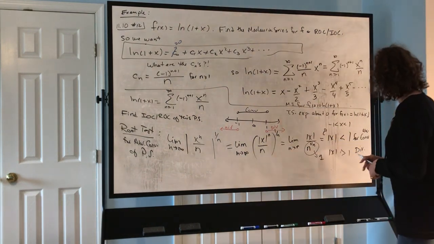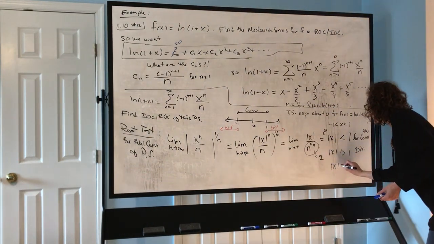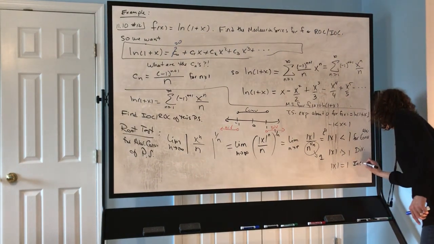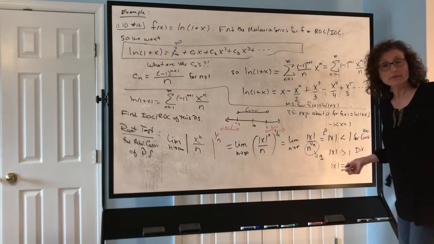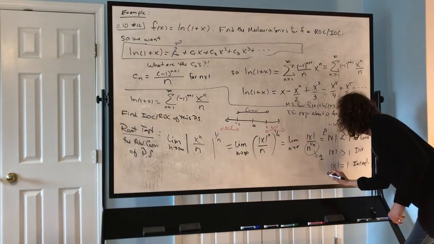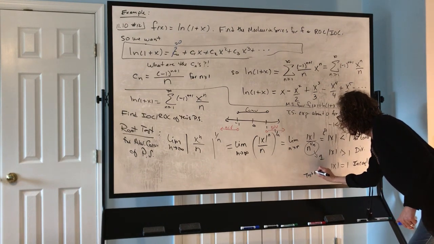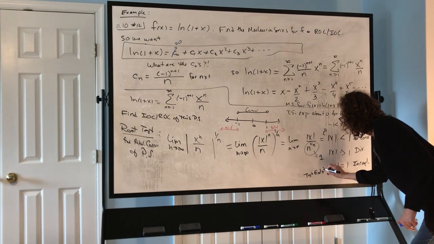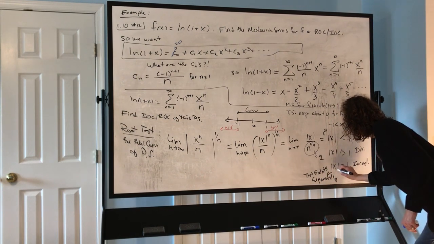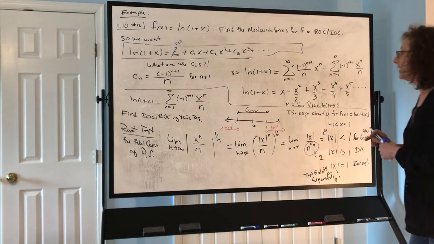And what do we know if the absolute value of x is equal to 1? Nothing. Inconclusive. What are you going to do? Use another test. What does that mean? Test the endpoint separately, just like we've been doing. So let's do that.